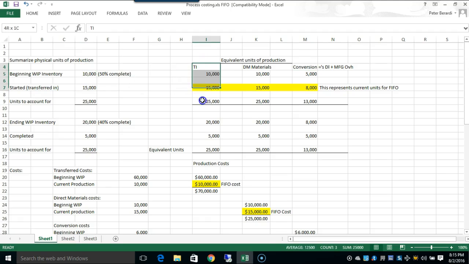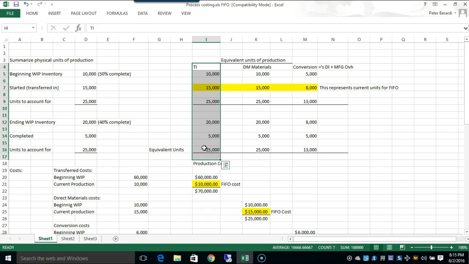So this transferred in column essentially represents a department or division of a particular department.